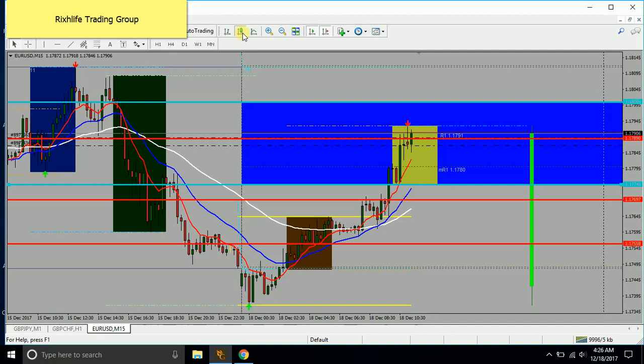Let's watch and see how these next two 15-minute candles here on this EURUSD play out.